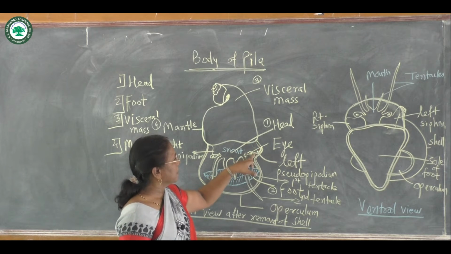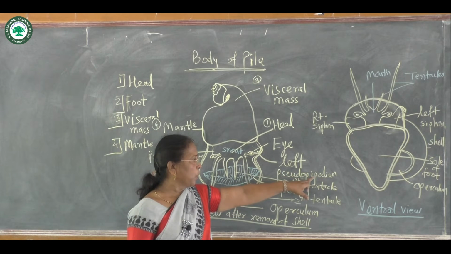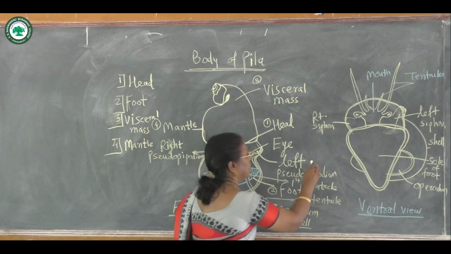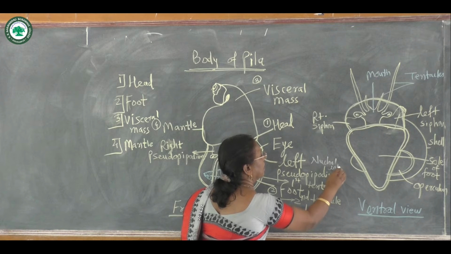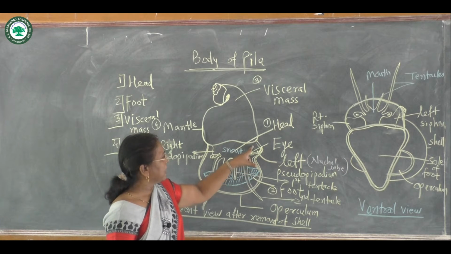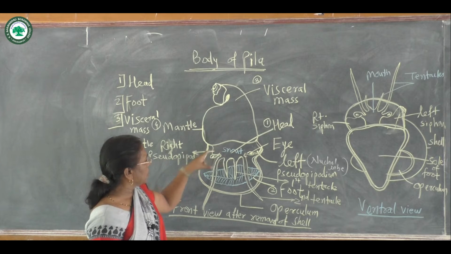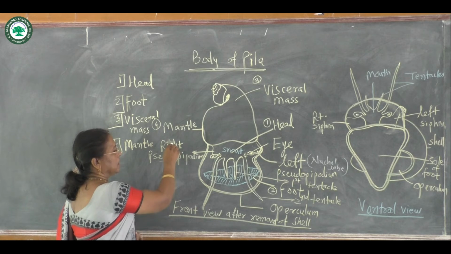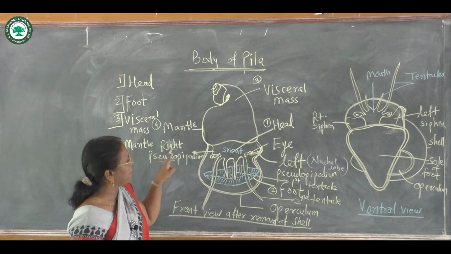It is also called the left pseudopodium or left nuchal lobe. Through this left nuchal lobe water enters and through the right nuchal lobe water goes outside. This right siphon is small. It is also called the right nuchal lobe or right pseudopodium.